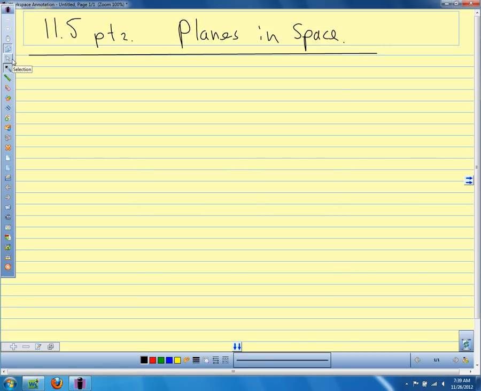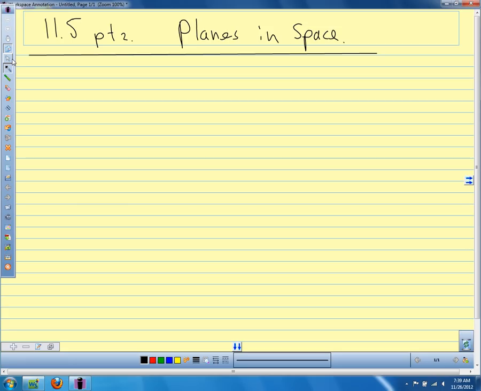We talked about lines, and we had a point on our line, and we defined our line as the set of all points such that the vector from our point to any other point is parallel to some given vector. So we need a point on the line and a parallel vector to write the equation of our line in space.